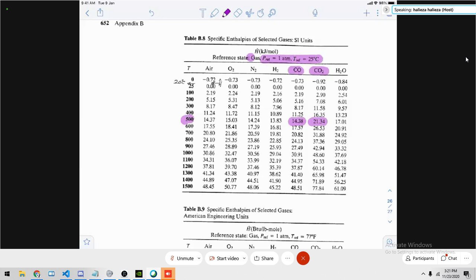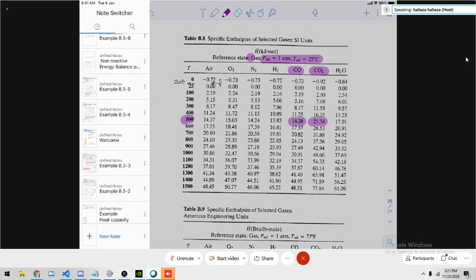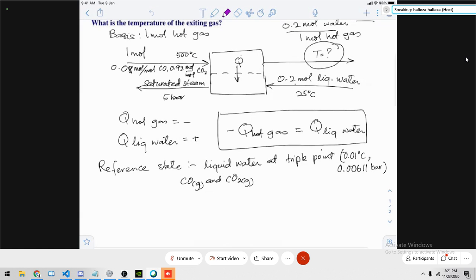So let's go back to our example. Our reference state for both gases is going to be 25 degrees C and 1 atm. So two gases at the same reference temperature. For the liquid water, you're going to use the steam table.